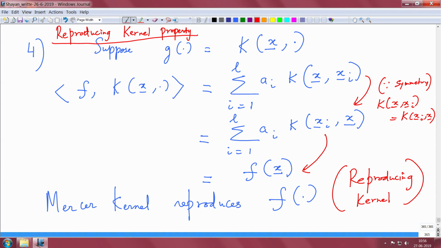Because of another function in the Hilbert space, I choose this function to be the kernel, the way I wrote g of some x_i is kernel x comma x_i, and then I look at the inner product in the bilinear form, expand it out, and invoke the symmetry property. So what it means is, I take the inner product of a function with the kernel, and it gives me back the function.